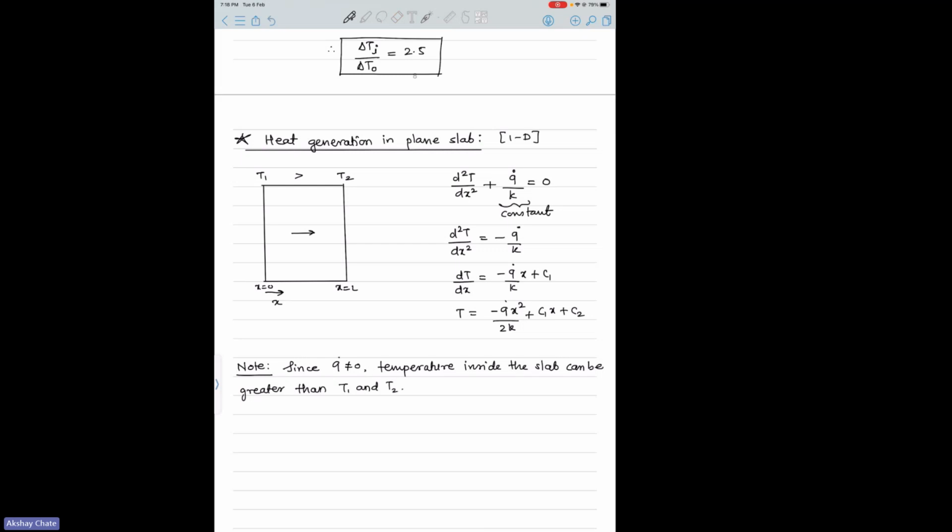Earlier we knew that heat conduction happens from T1 to T2, and if there is no heat generation, one surface will be at the maximum temperature and another at the minimum temperature, with a linear decrease or increase depending on the nature of the thermal conductivity. But in this case, it can be anything. And usually the inside will be hot because there is a heat source.